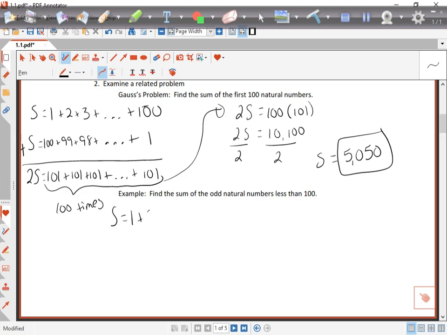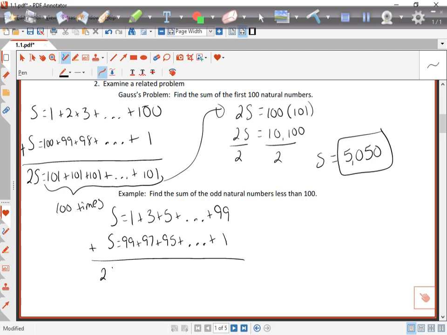S would be 1 plus 3 plus 5 plus all the way. The last odd number less than 100 would be 99. Reverse the order. 99, the next will be 97, then 95, all the way down to 1.